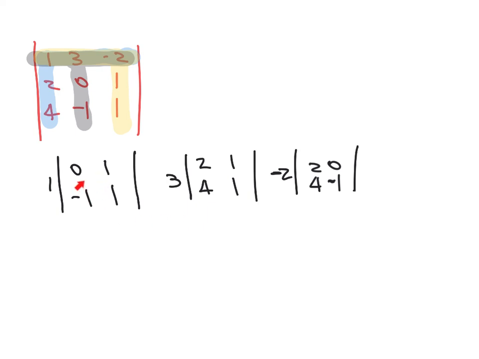So we've got our 3 elements, 1, 3, and -2 from our first row, and then we put our minors in there. We could have put 1, 2, and 4, and then our minors would have been different. We would have done it the same way, but they would have been different numbers. It doesn't matter. You're going to get the same answer regardless.